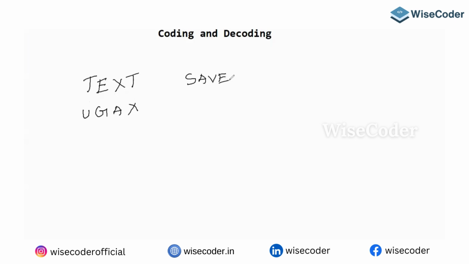Then what is the code for SAVE? Guys, the only logic here is that this is a word and this is a code.